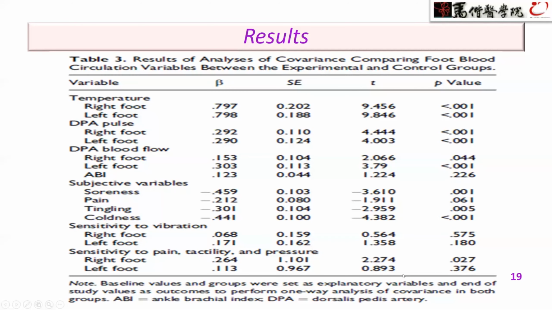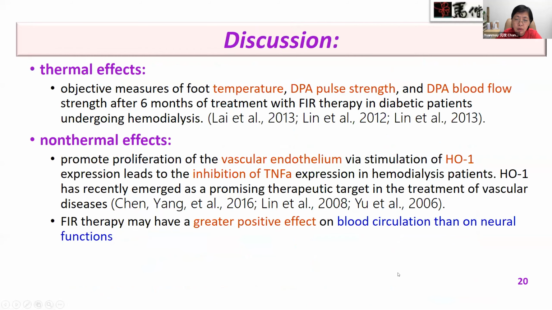So, discussion. Thermal effect: objective measures of foot temperature, DPA pulse strength, and DPA blood flow improved after 6 months of treatment with FIR therapy in diabetic patients undergoing hemodialysis. This is the same as the Lin study.